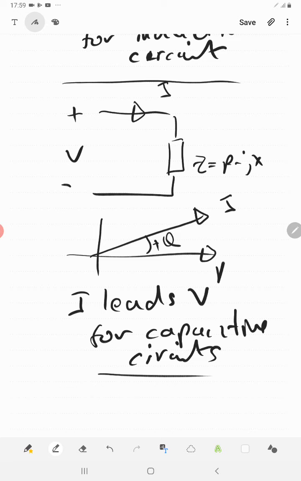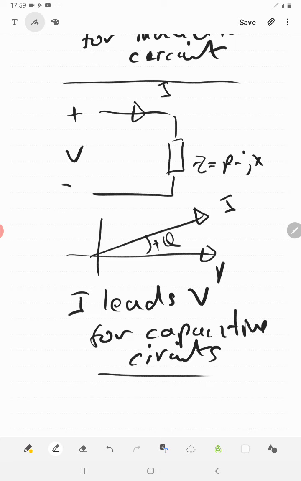So what I want you to do is read the notes, go through them, and try to understand the phase relationships between voltage and currents and converting sine to cosine, cosine to sine. You have several examples over there.